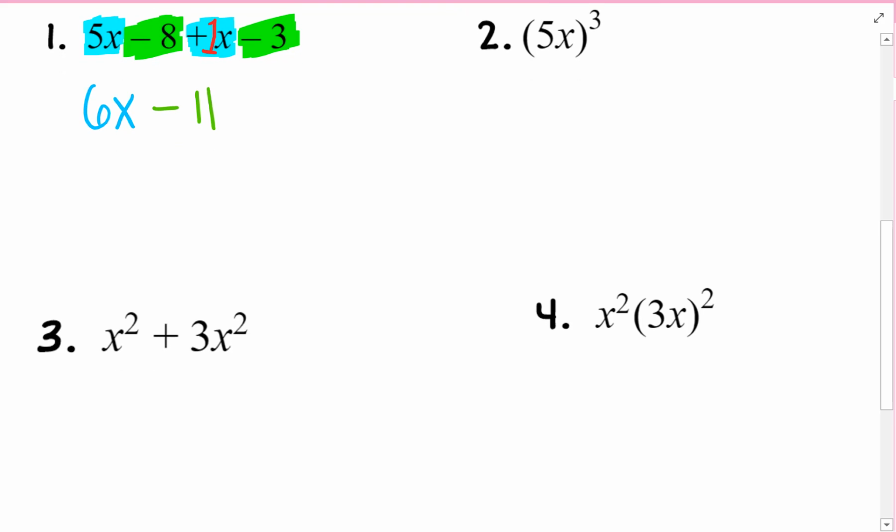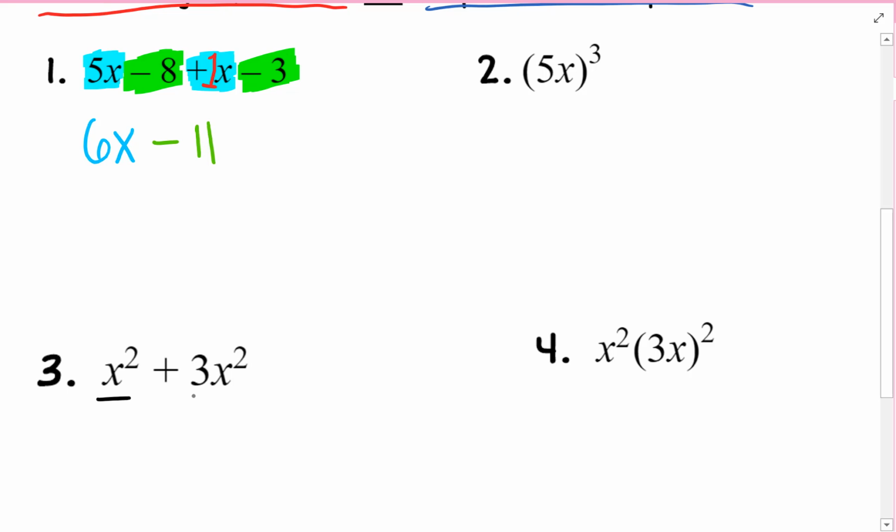Let's skip to number 3 and combine like terms. Are x squared and 3x squared, are those like terms? Yes, they are. They both have an x to the power of 2. Same variable, same exponent.